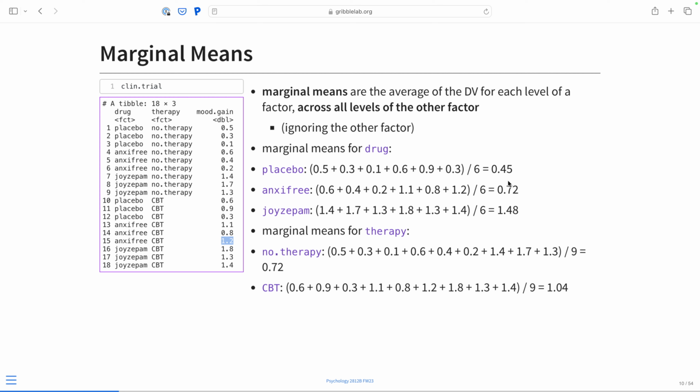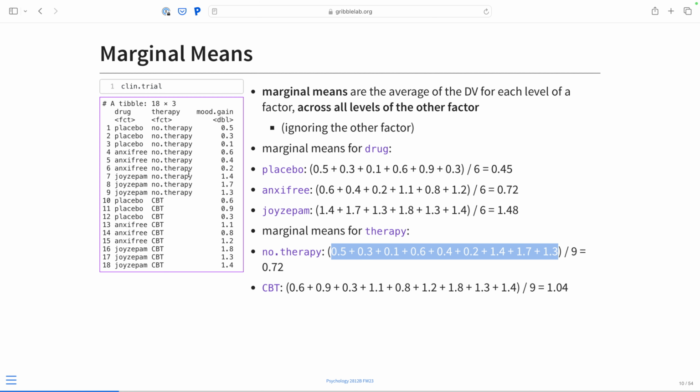Similarly, the marginal means for therapy would be the average across all levels of drug for the no therapy group and for the CBT group. So we take all the scores corresponding to no therapy, that would be the first 9 scores here, and we'd ignore the fact that they are placebo or Angzi-free or joyzepam.